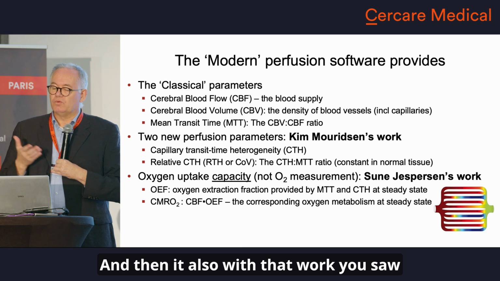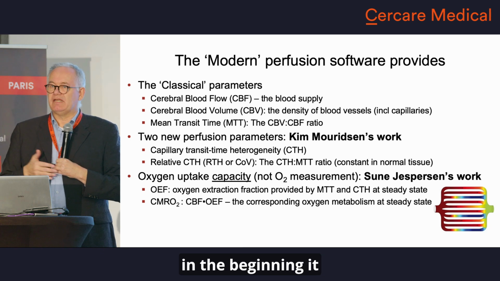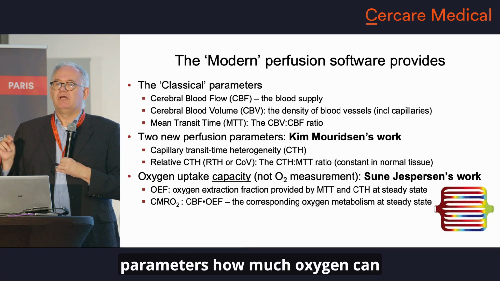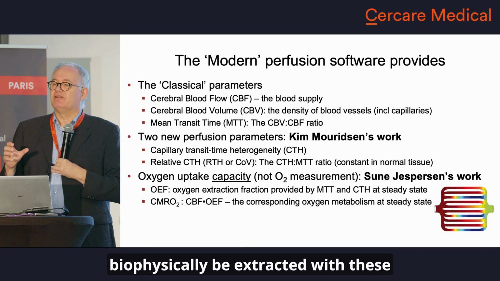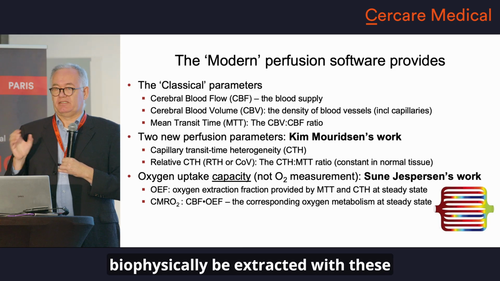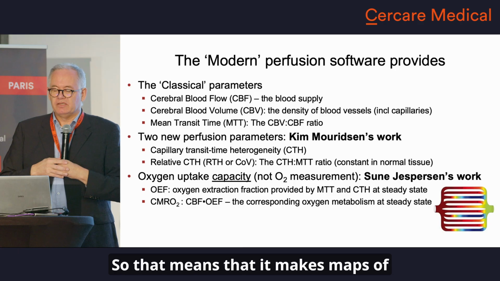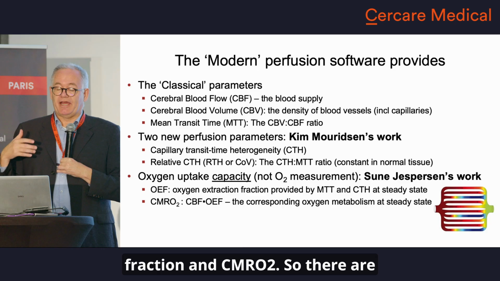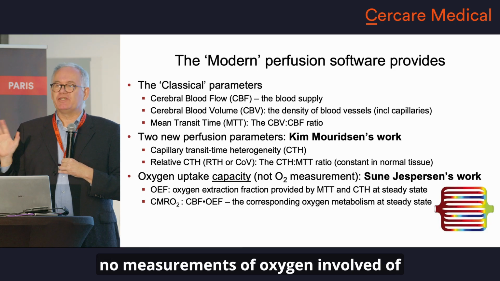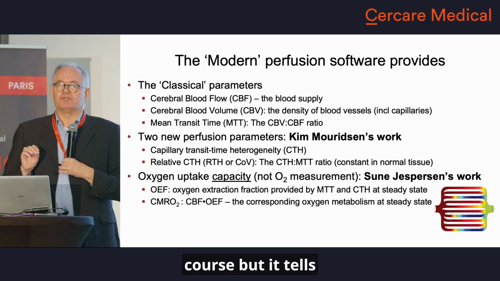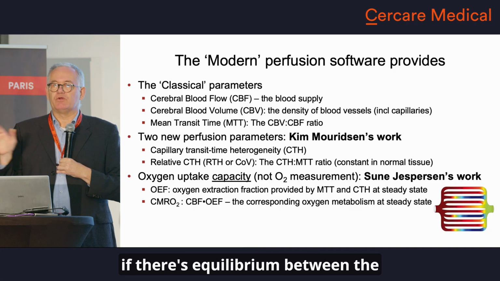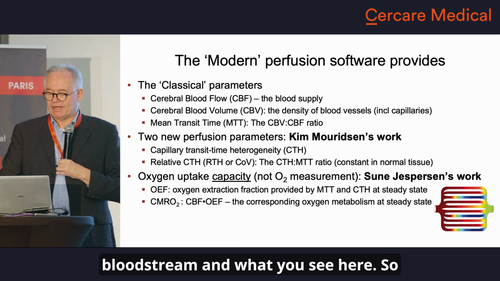Based on those two parameters, it also calculates how much oxygen can biophysically be extracted with these perfusion parameters. That means it makes maps of oxygen extraction fraction and CMRO2. There are no measurements of oxygen involved, of course, but it tells biophysically what they would be if there's equilibrium between the bloodstream and the tissue you see here.